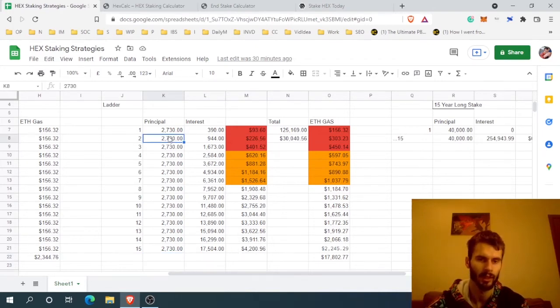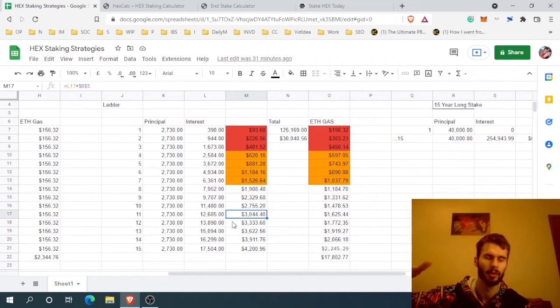Now when your second year stake ends, you stake it for another 15 years, and once your 15-year stake ends, you have a 16-year-old stake, a 17-year-old stake, that you just put up to the end of your ladder.